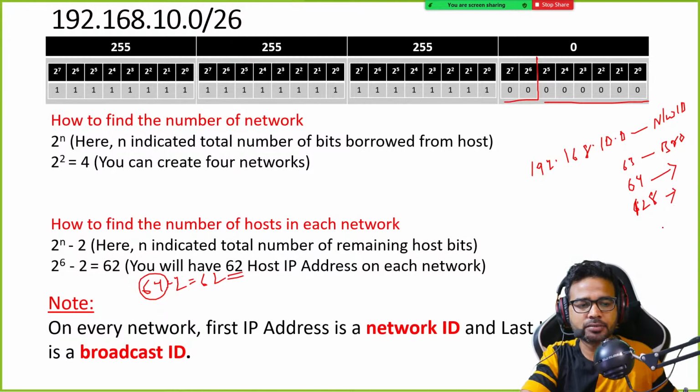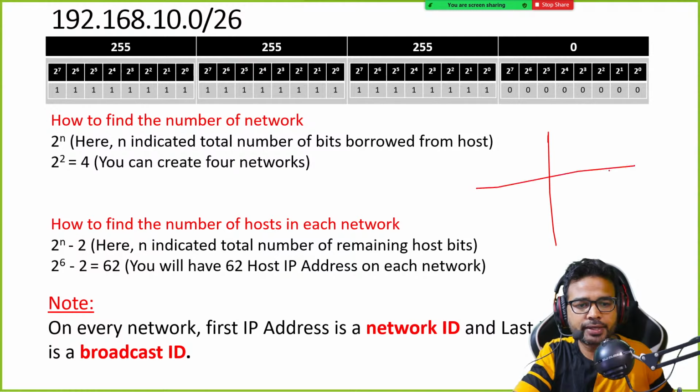Again the next will be just plus 64. How much? It is going to be 192. These are the 4 networks we have, right?